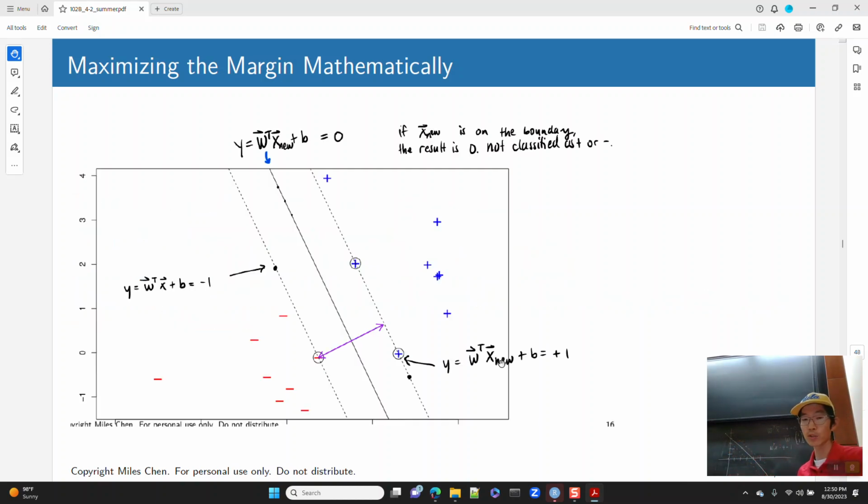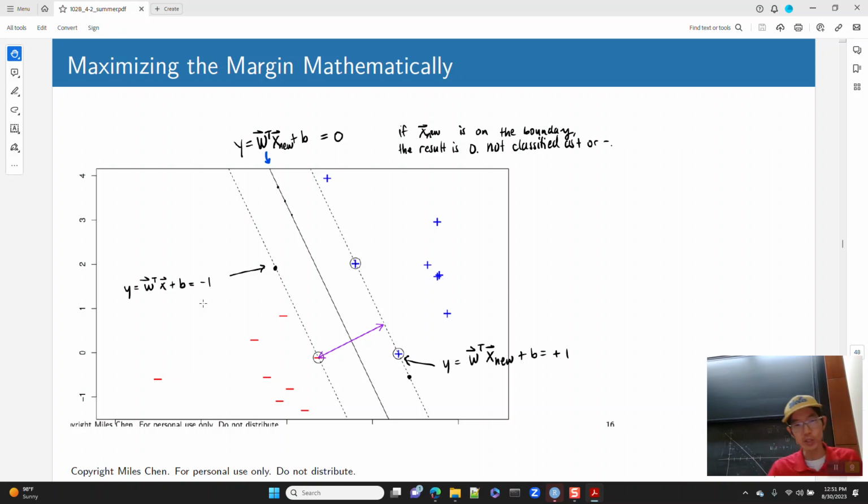Okay, and so what we want is to pick so that the closest points x1 and x2, which are going to lie on these parallel hyperplanes, satisfy w transpose x plus b equal to plus 1 for this point, and any point along this margin will have w transpose x plus b equal to minus 1. This is a very simple case where w is 1, 1.